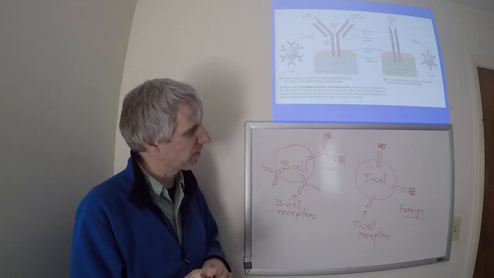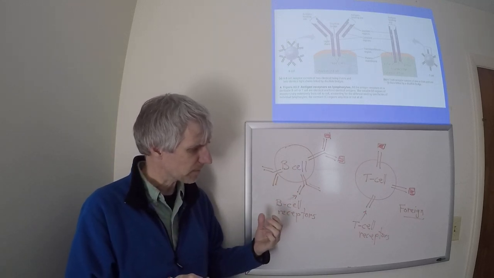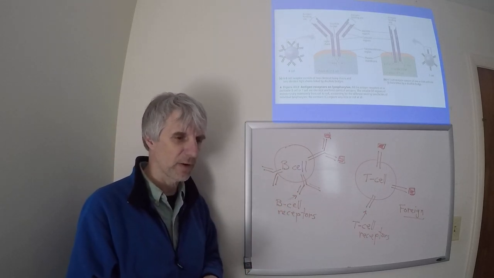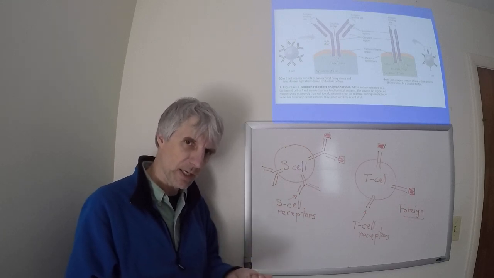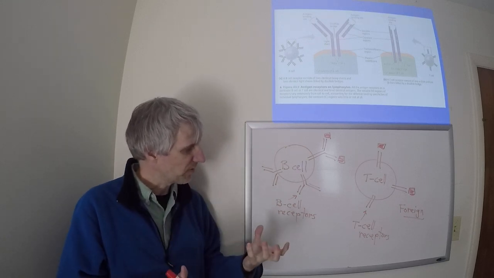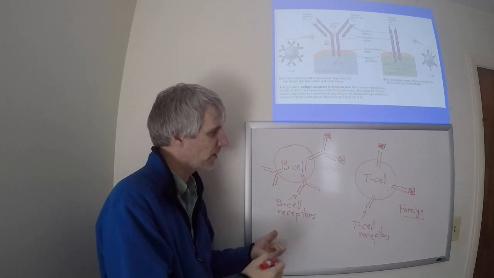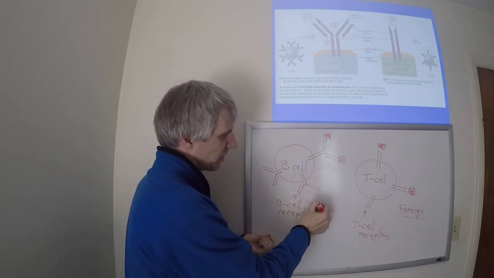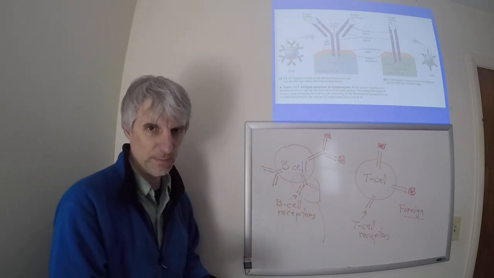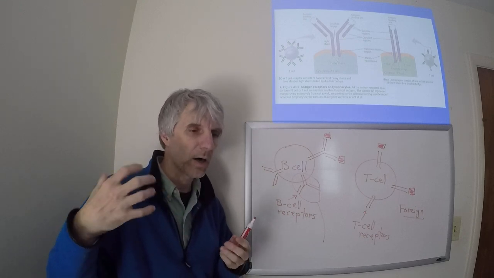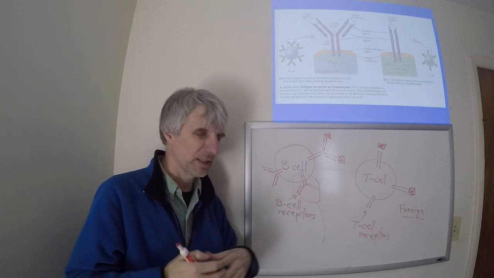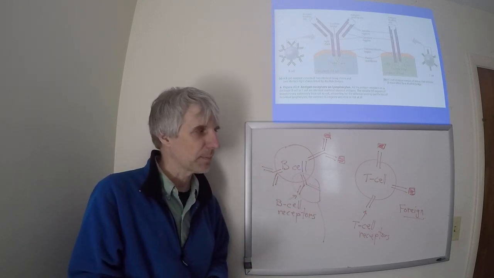The second piece of information here is that we make lots of different types of B cells. The types of B cells differ from each other based on the shape of this receptor. So we have armies of B cells that make different types of B cell receptors.